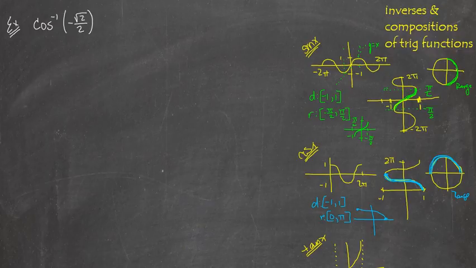So what we're really looking for is which angle has a cosine value of negative root 2 over 2.